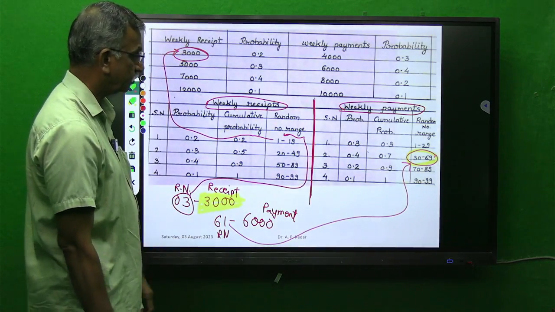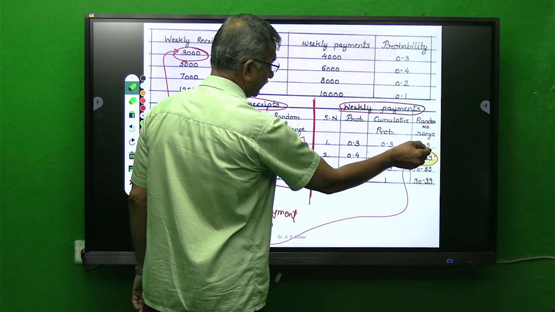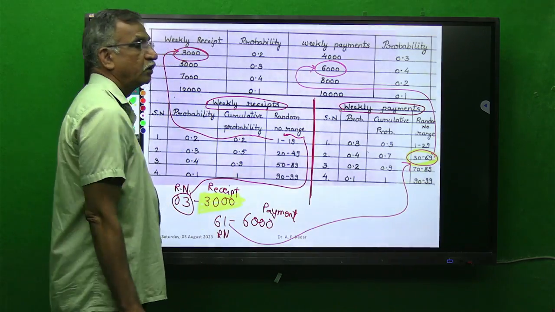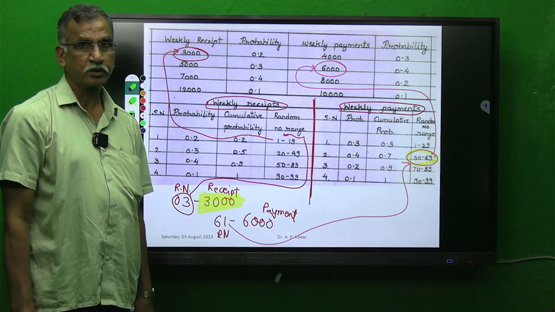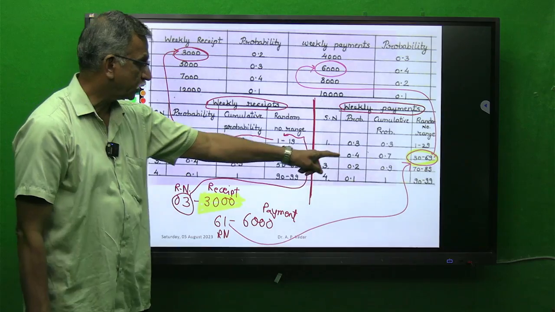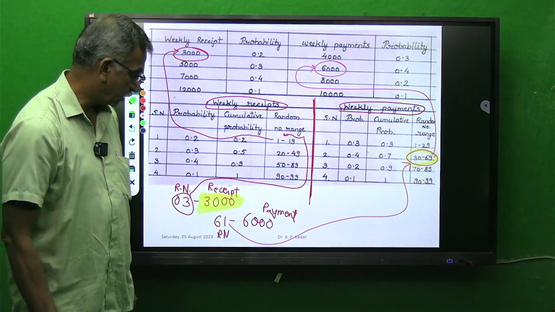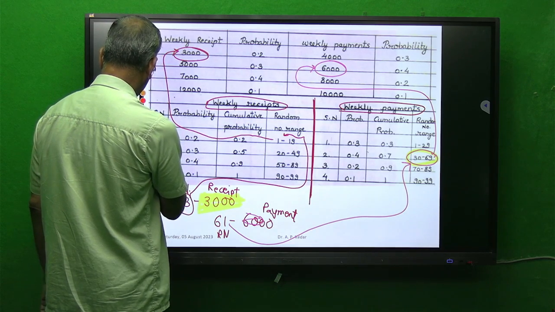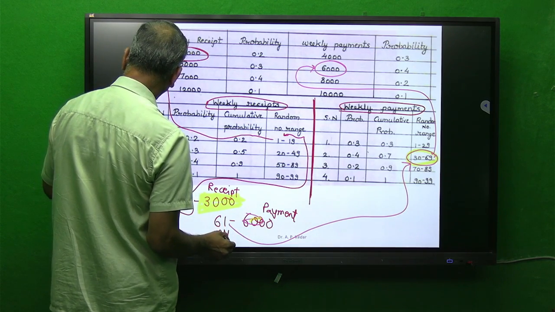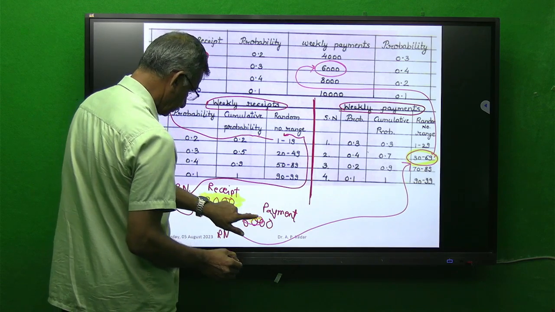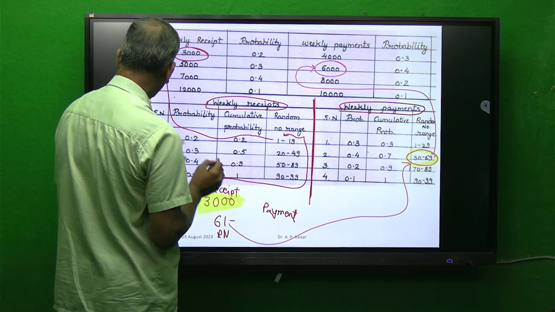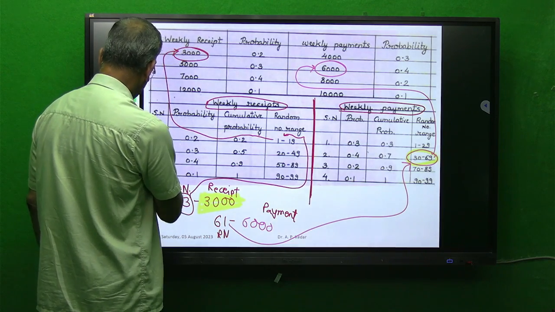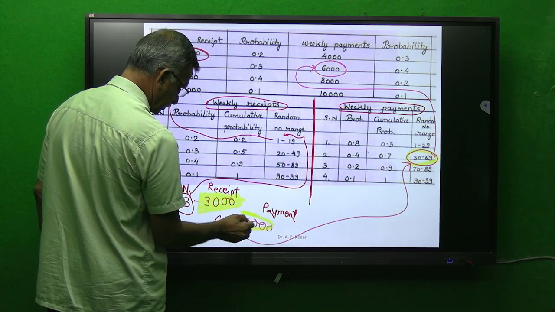And for the second row in payment, you can see the value is 6,000. For the second row, the value is 6,000, and therefore, students, we have taken this 6,000.